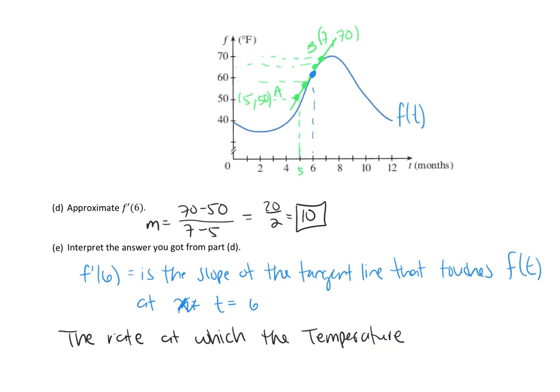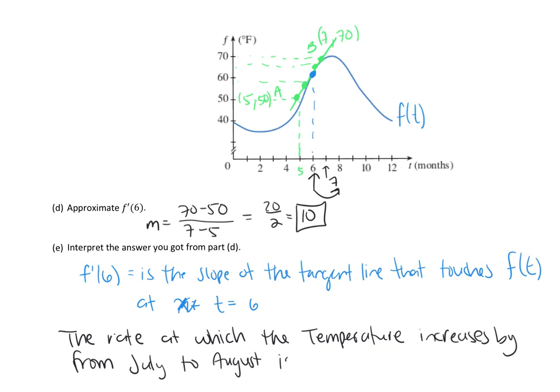The change is an increase, so I will say increases by, from what month? From month 6 to month 7. So we're going from an increase of 1 month, from month 6, which would actually be the month of July, to August, and that rate is a rate of 10 degrees Fahrenheit. So that's 10 degrees Fahrenheit per month as we go from July to August.